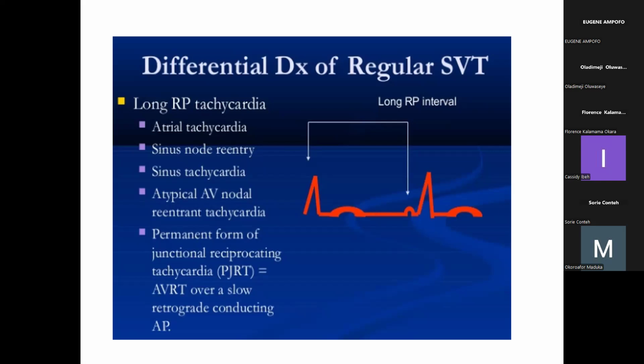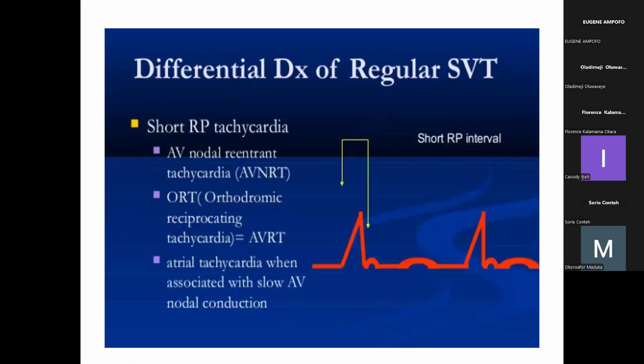Now, one important thing is that short RP is more classical for a typical AVNRT. Atypical AVNRT is usually under long RP tachycardia, while the typical one, AVNRT, is going to be under a short RP interval. So that's what we have here, that the typical AVNRT will be under a short RP interval.